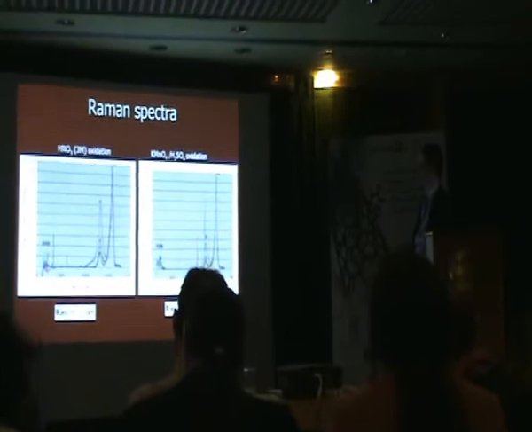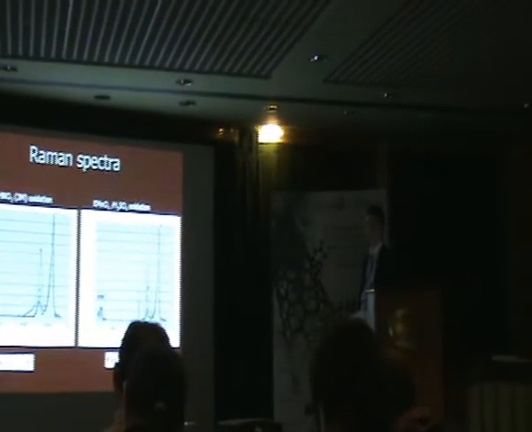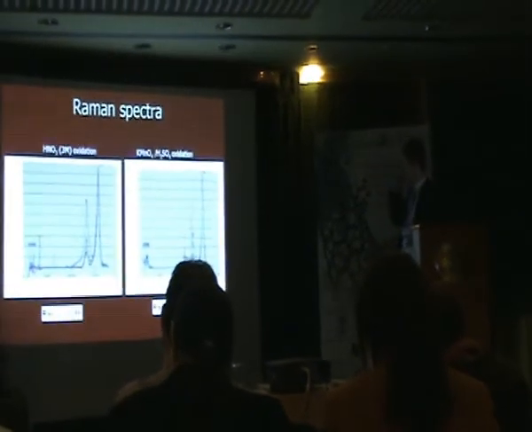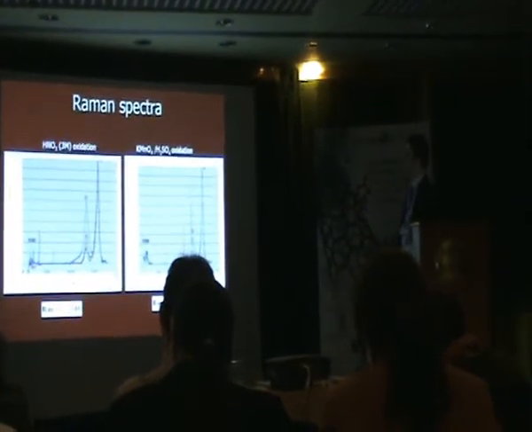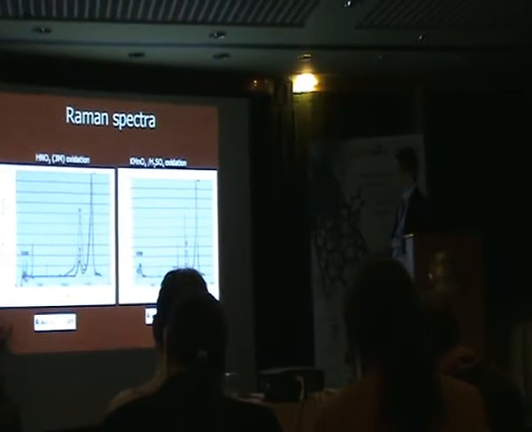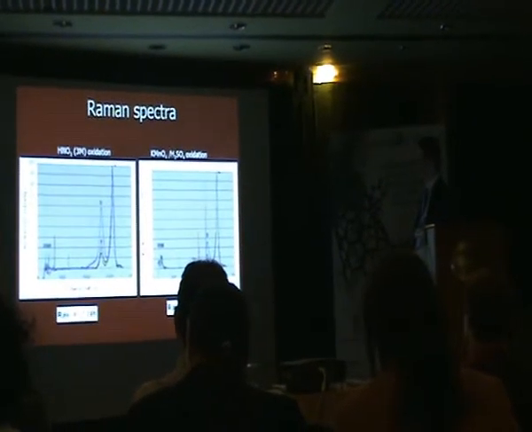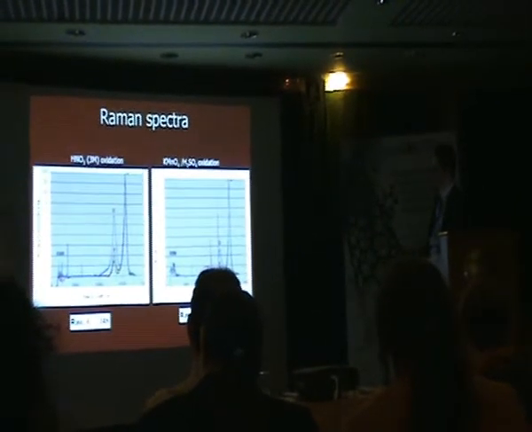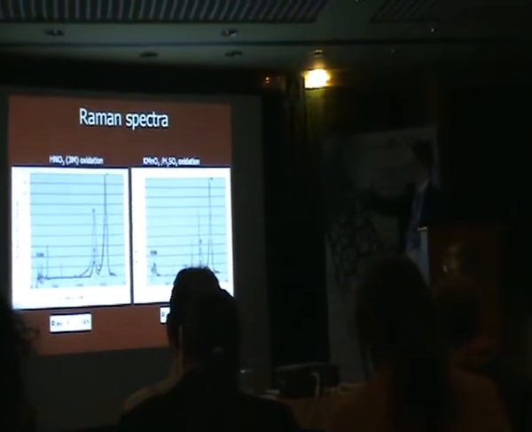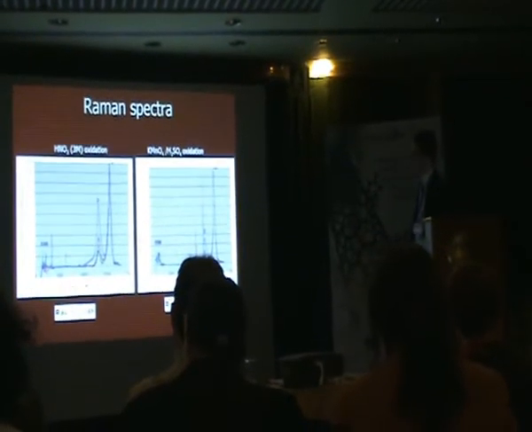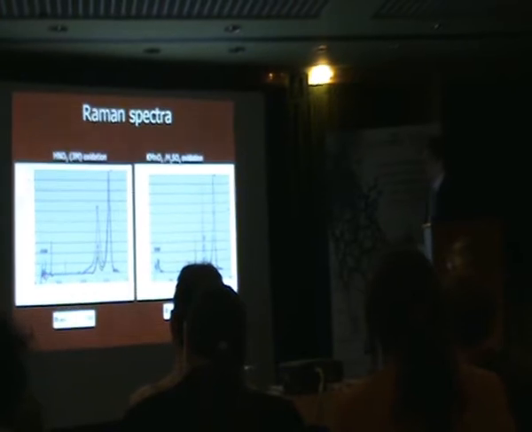Of course, it corresponds with defects in the structure. Almost the same situation is with oxidation with potassium permanganate, but the intensity of the D band after 24 hours of oxidation is almost half in comparison with the peak of the spectrum of oxidation after 24 hours with nitric acid.